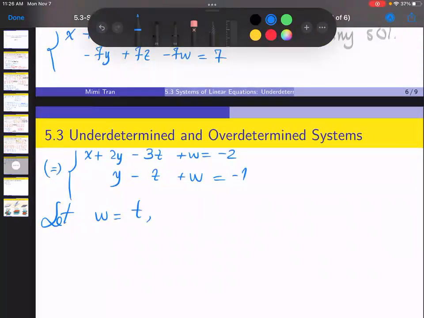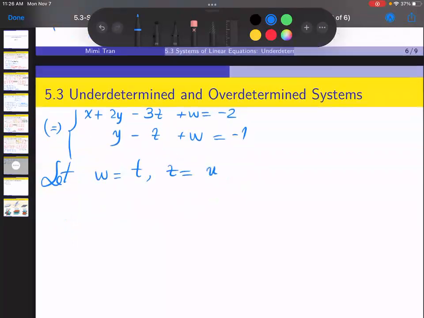I got stuck with Z. So let Z equal something, right? It's another free variable. So I'm gonna let Z equal say U. If you pick letter S, you can, doesn't matter. They can't be the same. We assume they're different.